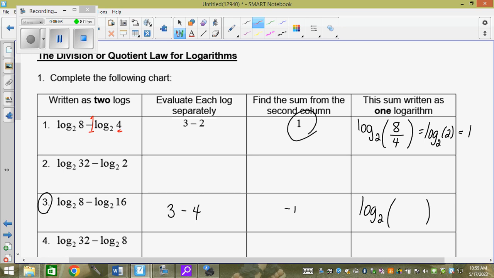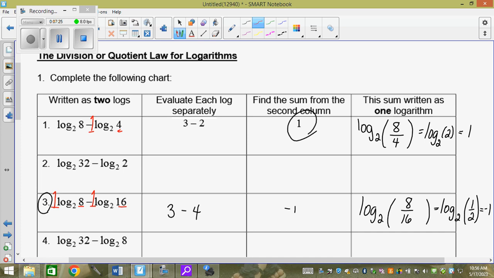Now this is a positive 1 in front, so the 8 goes in the numerator, and this is a minus 1 in front, so the 16 goes in the denominator. So I'm going to get 8 over 16, which is log base 2 of 1/2. 2 to what exponent gets me a half? Negative 1, same answer. Right?